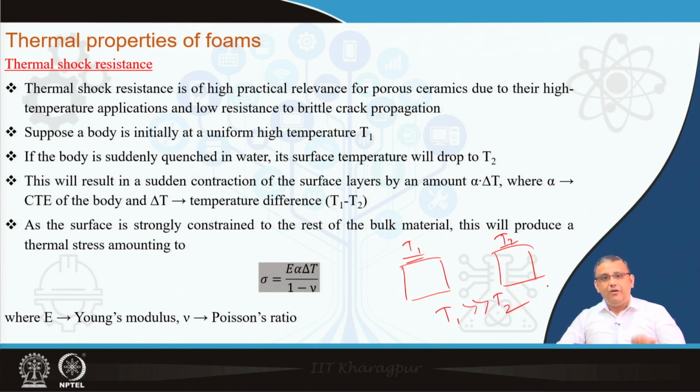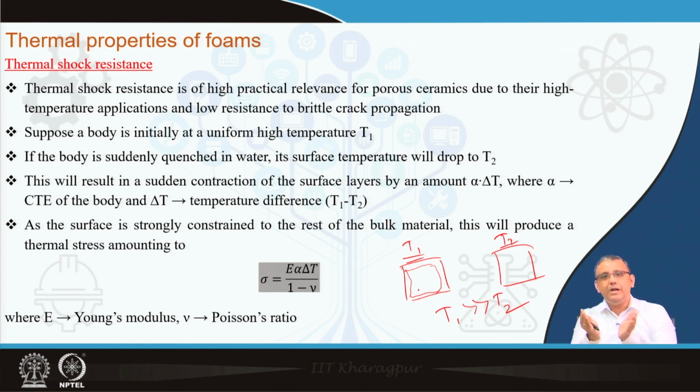So, what is expected when we quench it from a very high point to a very low point? Consider the outer surface of the material. Imagine a body inside a furnace that we take out and put in cold water.